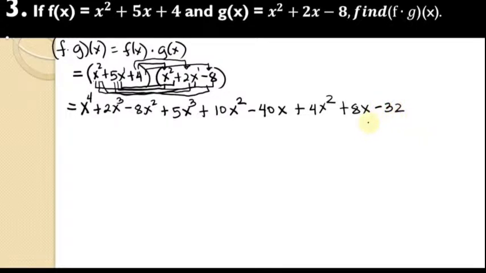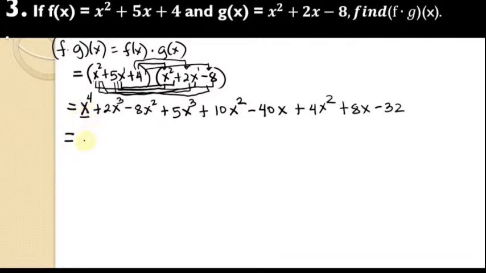Okay, so next, i-check natin, x squared, x raised to 4, then 5, okay, next, combine like terms.